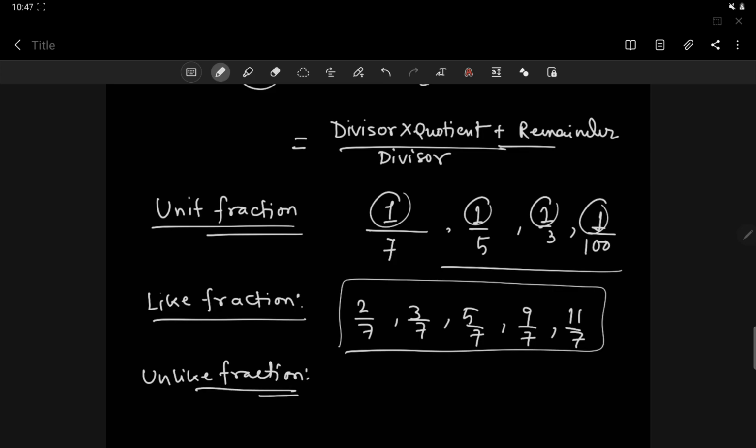Who will be unlike fractions? The denominators are not the same for these fractions. Suppose 1 by 3, 2 by 5, 3 by 7, they are all unlike fractions. You can check that the denominators are not the same. That's why they are unlike fractions.